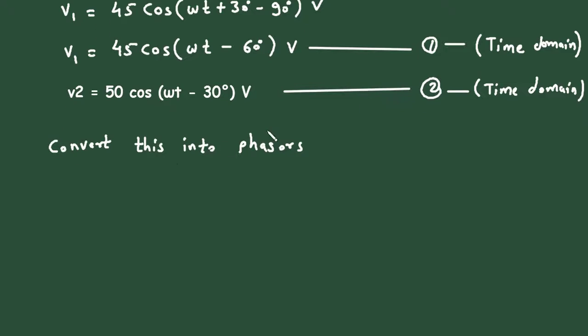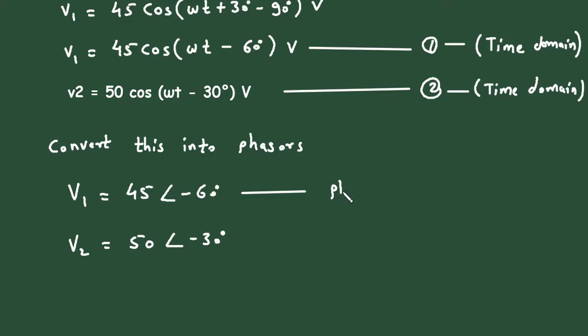So capital V1 is equal to 45 at an angle of minus 60 degree and V2 is equal to 50 at an angle of minus 30 degree. So now we have this in phasor form. This is also in phasor form.